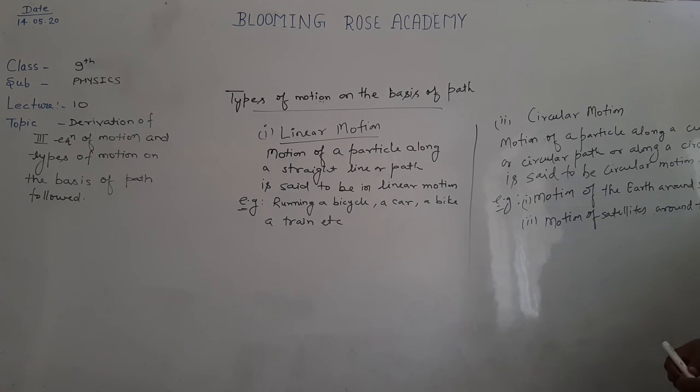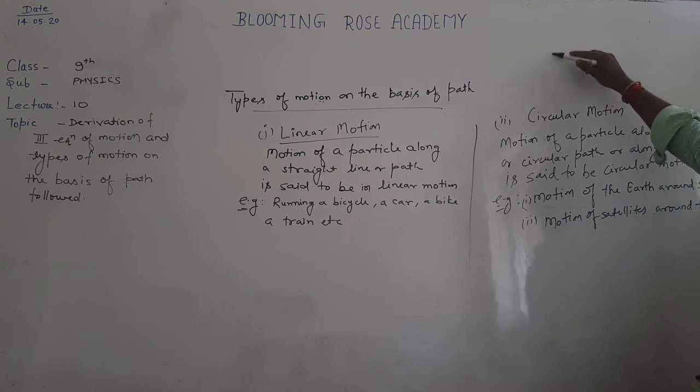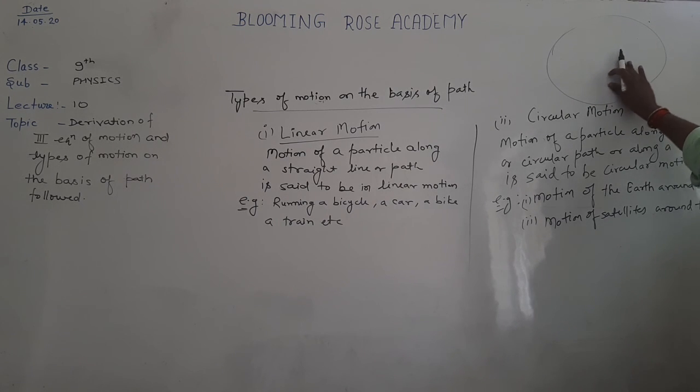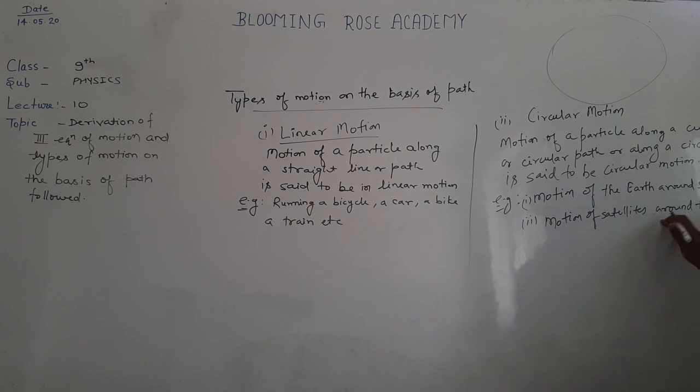When the earth moves around the sun, it is in circular motion, as the trajectory or path is a curve or circular path. Also the motion of the moon around the earth: the moon is a natural satellite of the earth, so it moves on a circular path around the earth. This type of motion is known as circular motion.